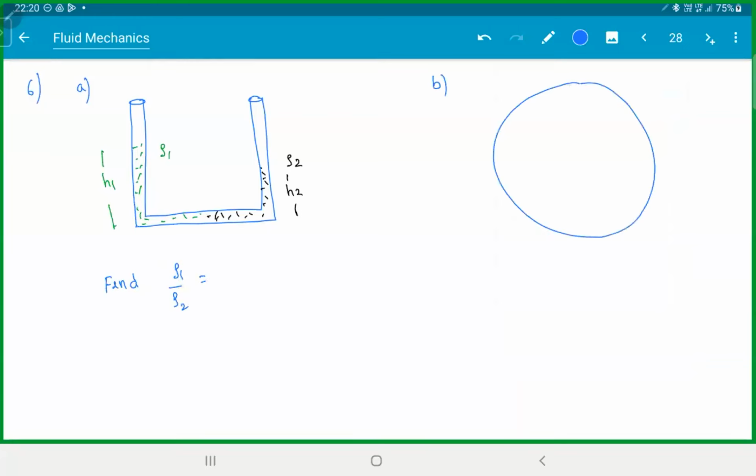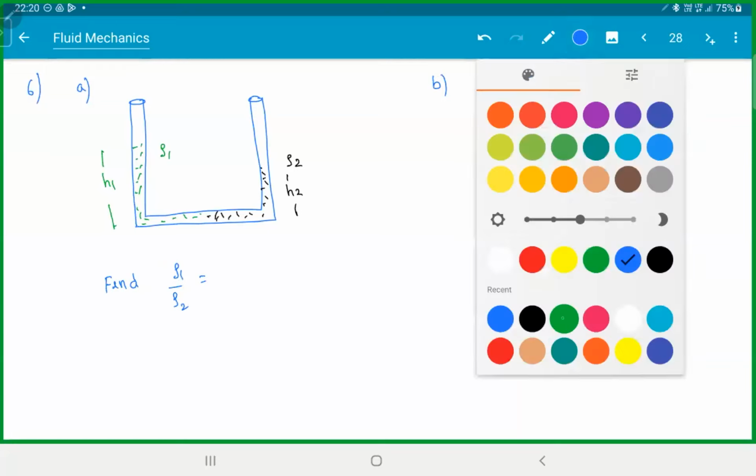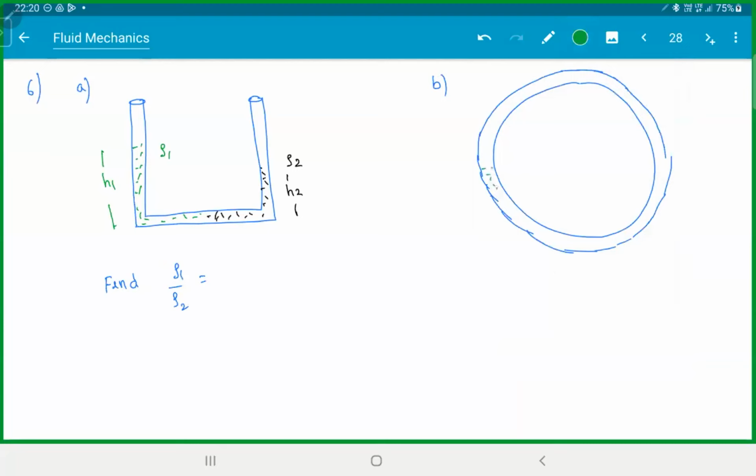Same question, I can frame it like this also. We have a circular tube here. On the left hand side, we have liquid till here, 90 degrees. This is ρ1.